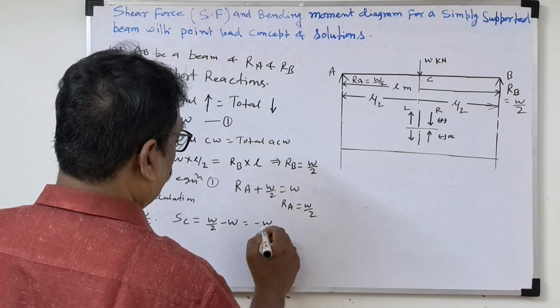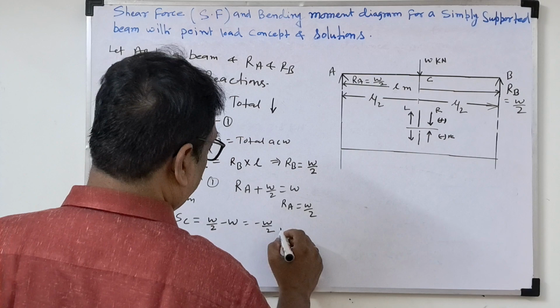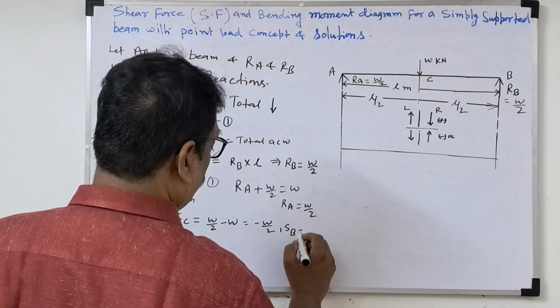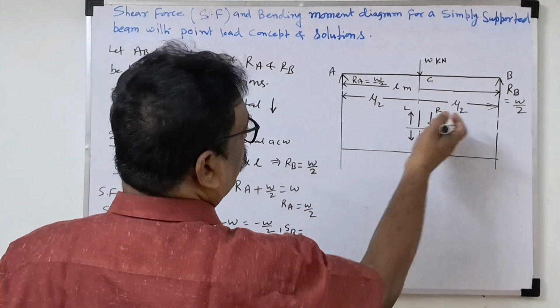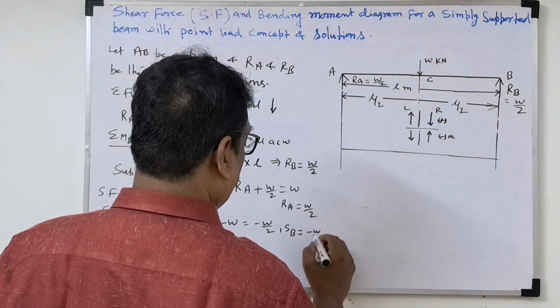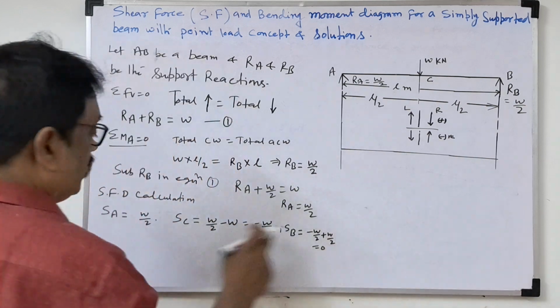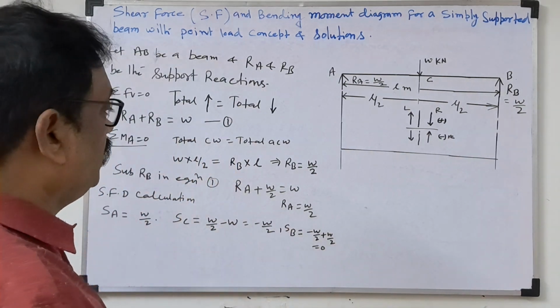So minus W by 2. Then shear force at B: upward force will be positive from the left side, so minus W by 2 plus W by 2 equal to 0. So shear force at B is 0.